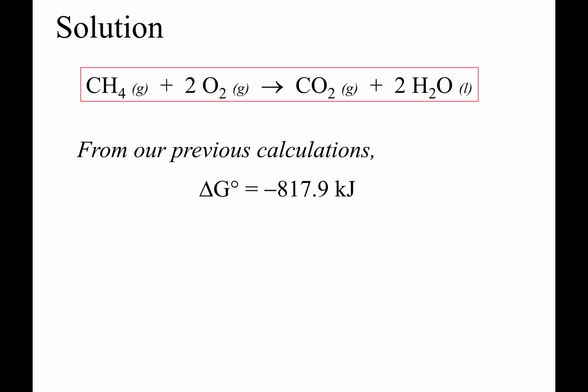Previously, we came up with the Gibbs free energy for this reaction, negative 817.9 kilojoules. So we're going for K in this relationship. To get K in this relationship, we're going to have to do some funky things.